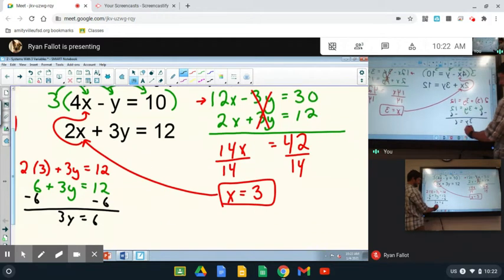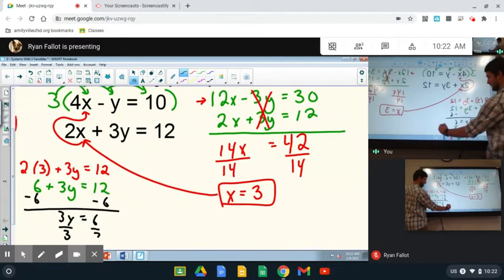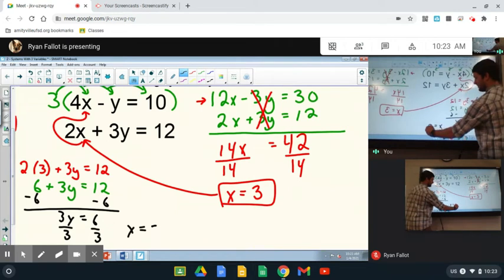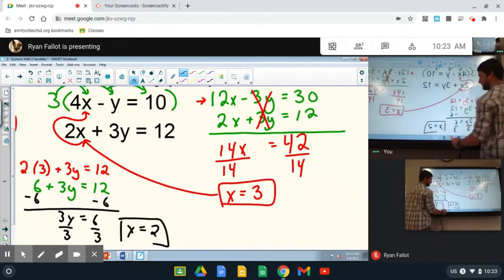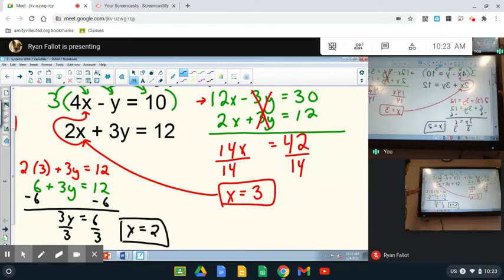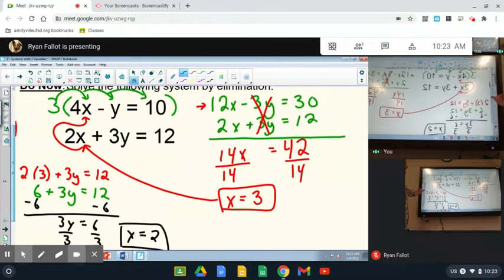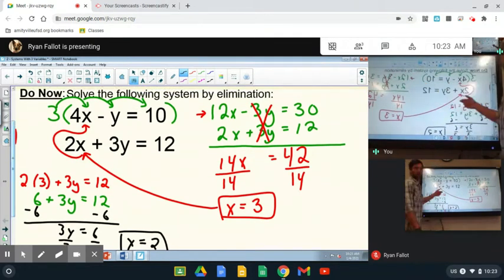And divide by 3. Y is equal to 2 as your final answer. There are other ways to do this. You could use your calculator and graph it, but since I said by elimination, this is the only acceptable answer you would get full credit for on the Regents or any type of larger test.